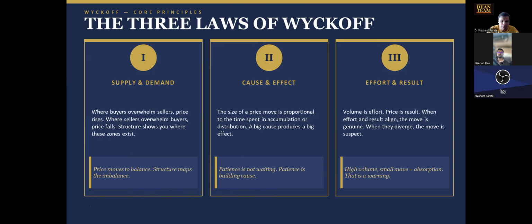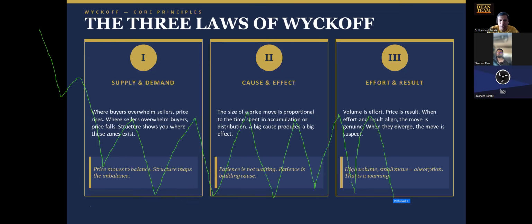But if prices have come down like this, and then there is a trading range like this, so what is happening? Prices are getting coiled in this. This is a cause getting built. And if this cause turns out to be accumulation where a lot of people have bought at these bottom levels, and there are very less sellers in this area, and there are very less buyers, because sellers are less, the buyers will also be less.